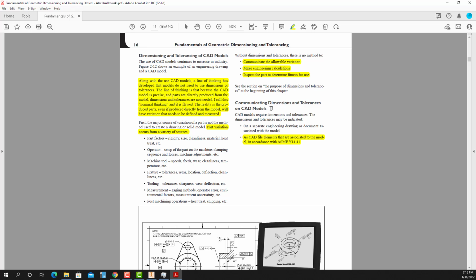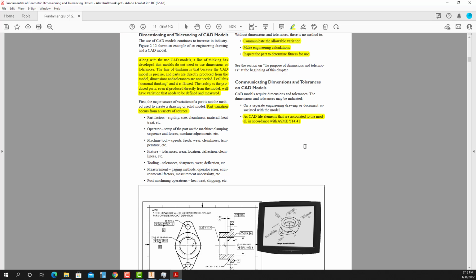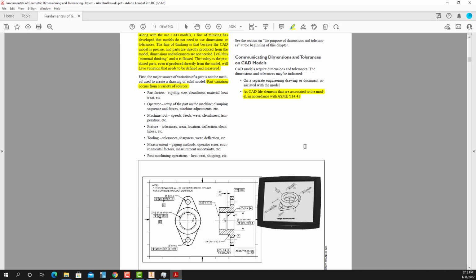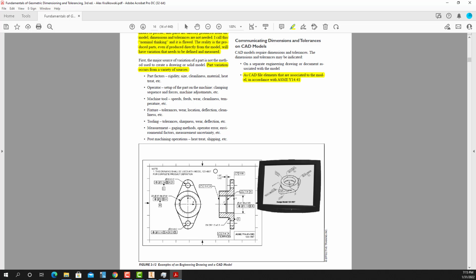All right, communicating dimensions on CAD models. CAD file elements are now associated with the CAD models. Have you guys ever used this on a drawing? It calls out a model part number on the drawing. There's another standard. It's MIL standard Y14.41.